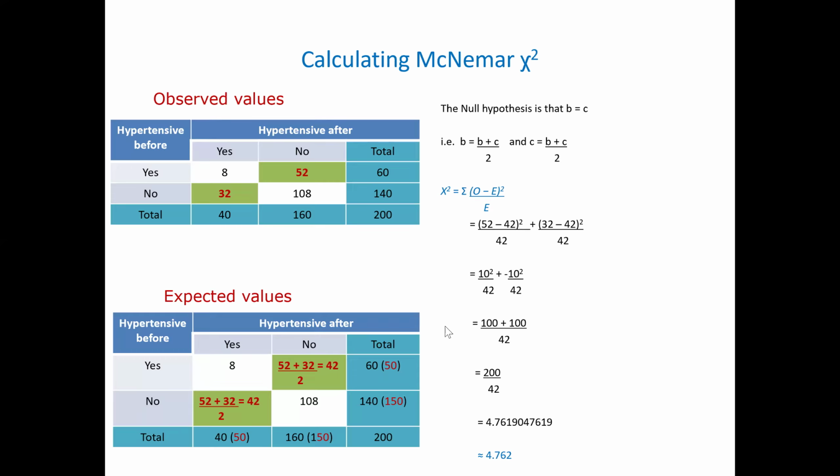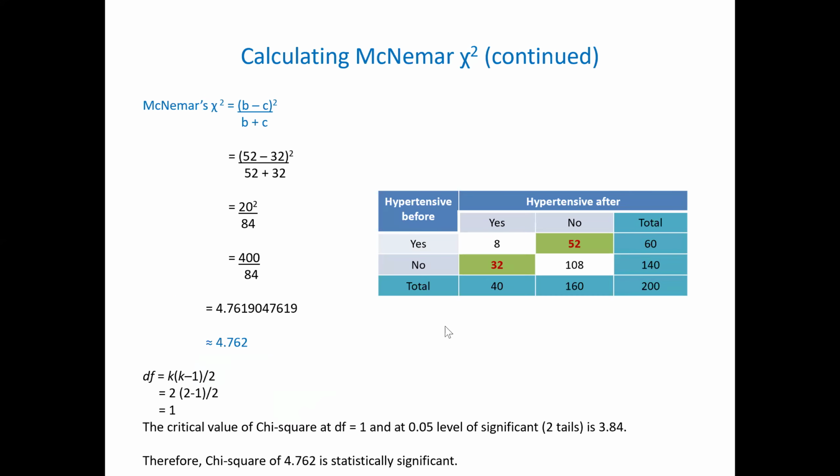Now, for you to know, is this value significant? Before you can go and check, if you want to check on the statistical table, you must be able to know the degree of freedom. As you can see here, the degree of freedom for McNemar and McNemar-Bowker is k into k minus 1 all over 2.